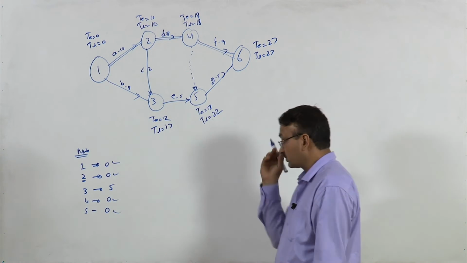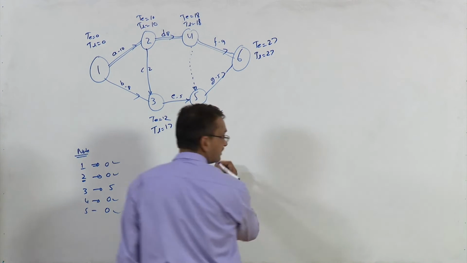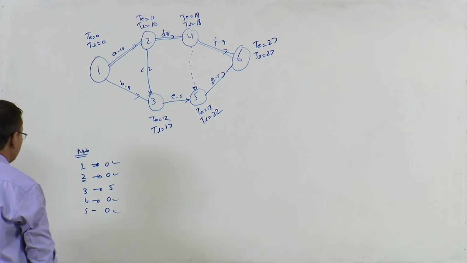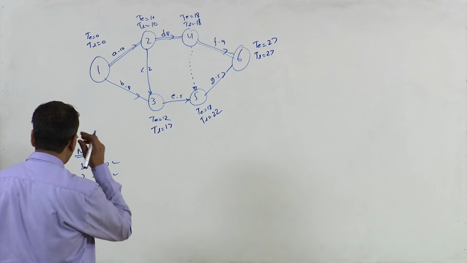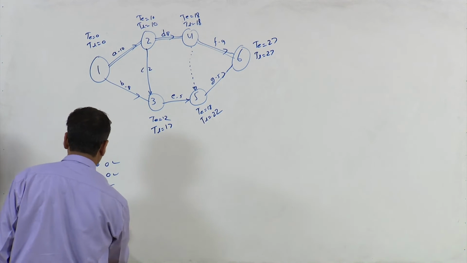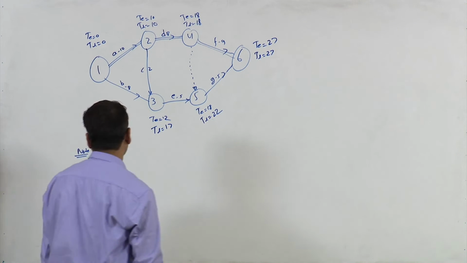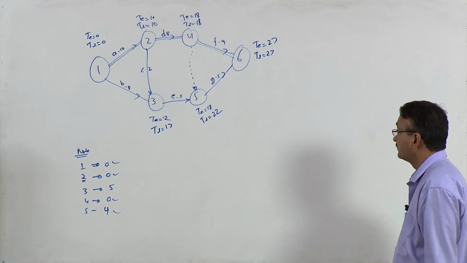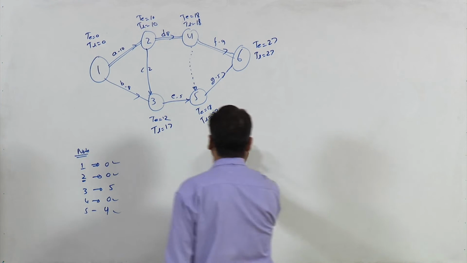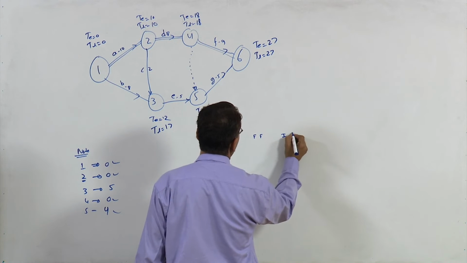Now what about float? We have to calculate floats. At node 5 this is a positive value, so this is 4. If you look at floats, you have got total float, free float, and independent float.